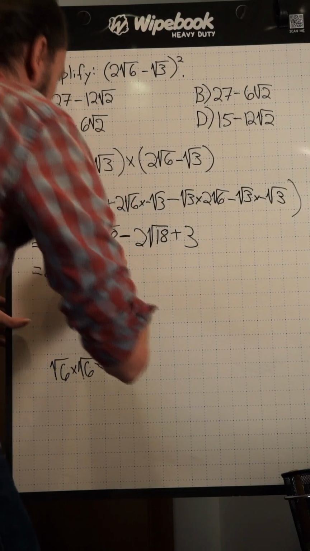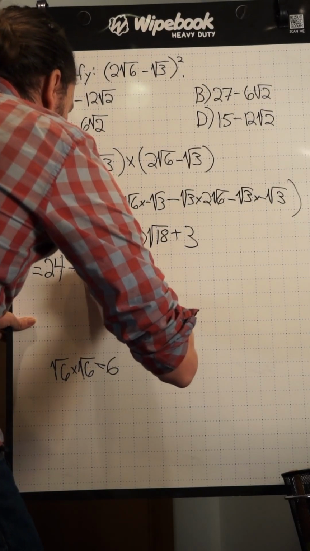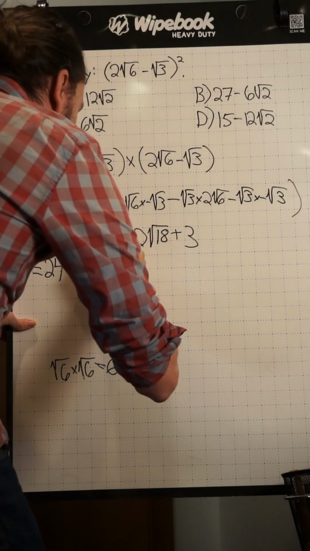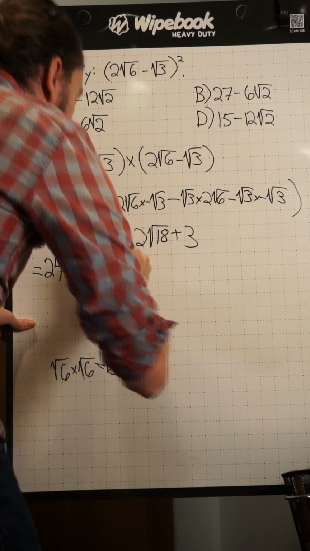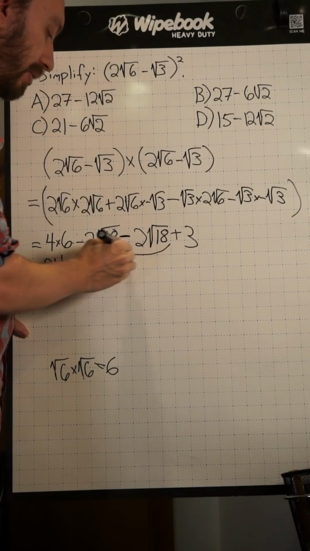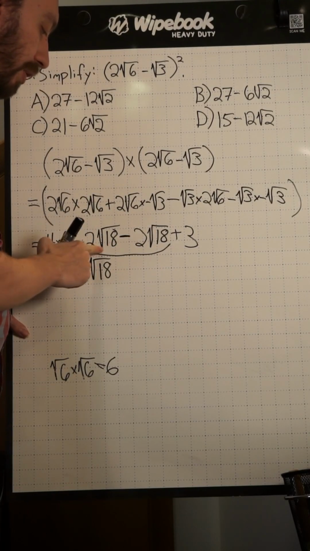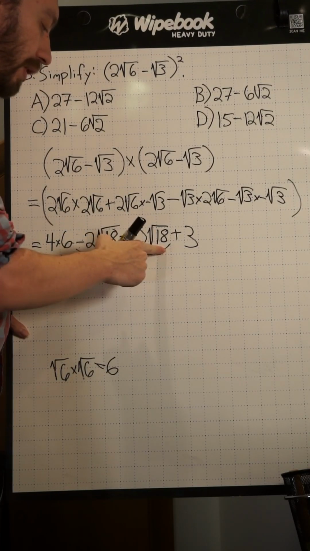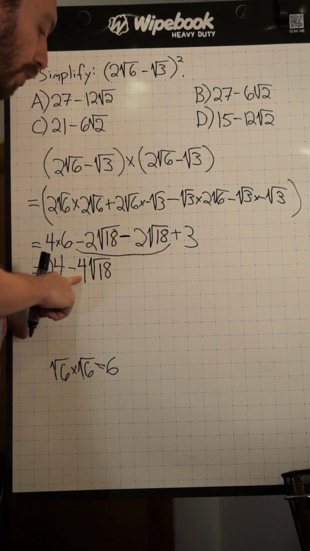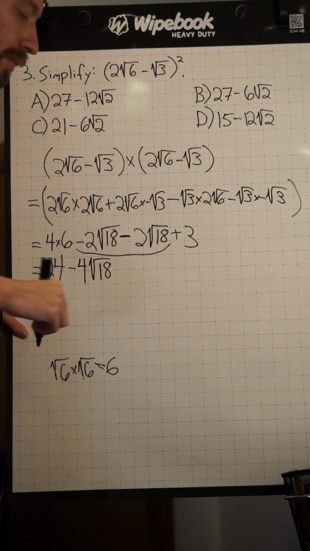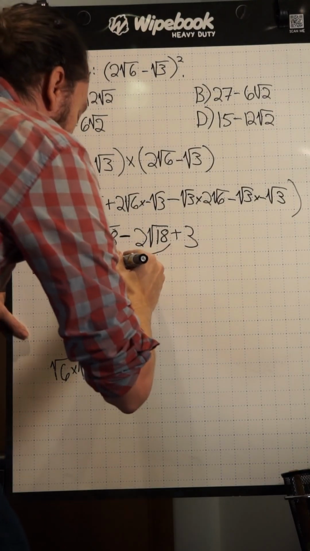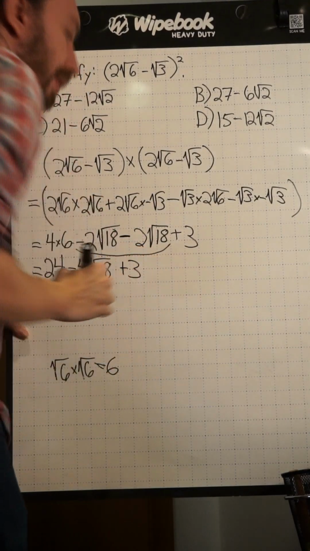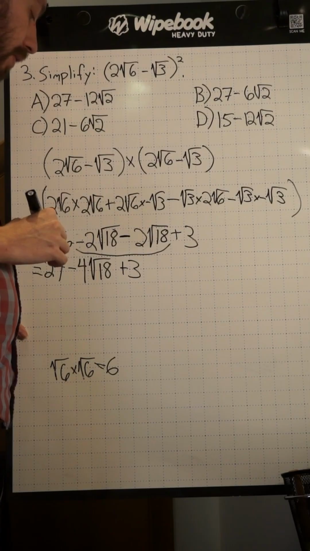Minus 2 and minus 2 will give us minus 4. So we'll have minus 4 square root of 18, right? We just combine these two together. Minus 2 square root of 18 and minus 2 square root of 18 will give us minus 4 square root of 18. All right, and the final one, plus 3. We can't simplify that one anymore right now.